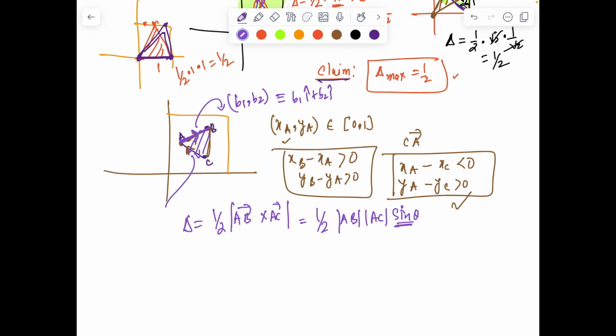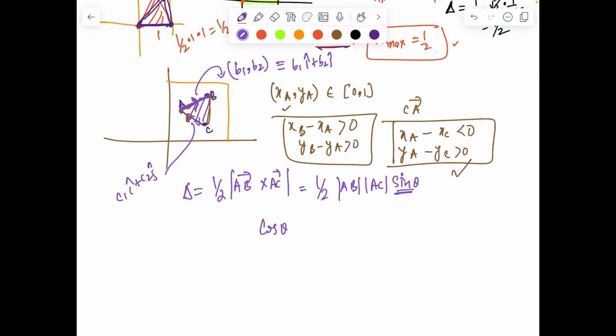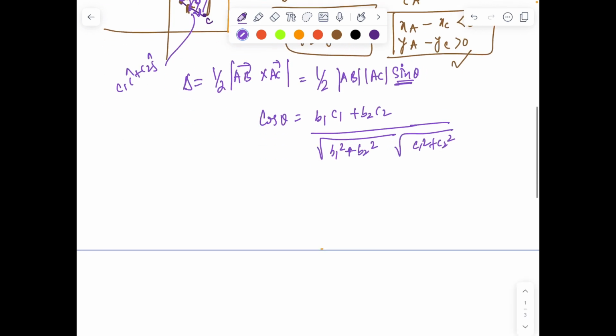So it's basically AB vector is B1 i plus B2 j. And AC vector I'm defining as, let's say, C1 i plus C2 j. So now I can write cos theta as the dot product of those two vectors, so B1 C1 plus B2 C2. I'm taking the acute angle. So outward direction sense by root over B1 square plus B2 square into C1 square plus C2 square.